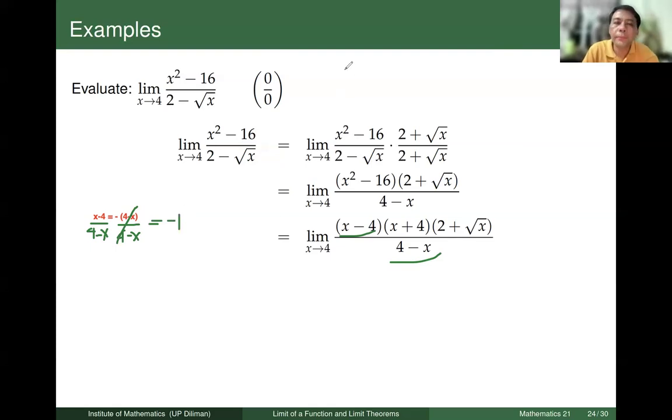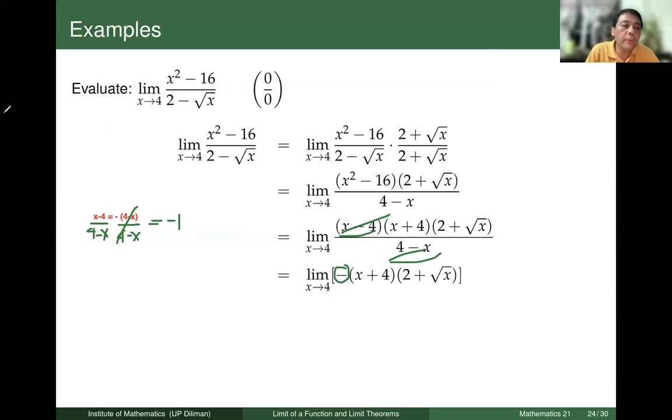Okay. So that is what happens here. So this will cancel. And you just have a negative 1 for this. So there's the negative. Okay, so here's the negative here, negative 1.